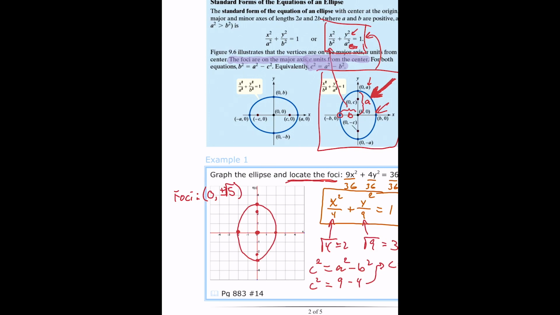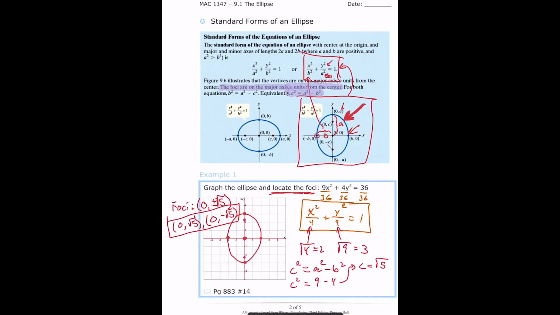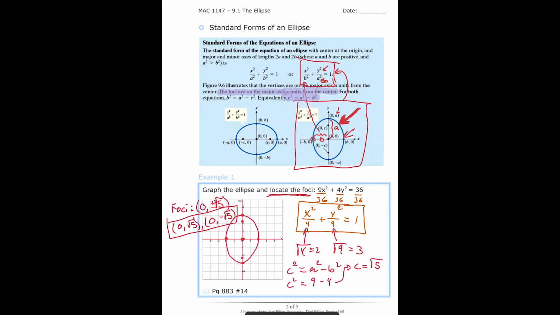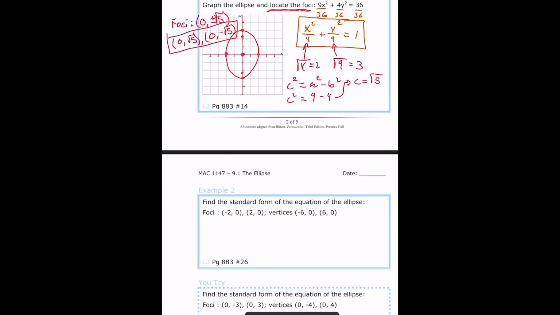Depending on how you're entering these answers, you might have to enter these coordinates as separate coordinates separated by a comma. So 0 comma the square root of 5, comma 0 comma negative square root of 5. Just be aware that you might have to enter them as 2 separate coordinates, or ordered pairs rather, separated by a comma. Let's move down to page 3.